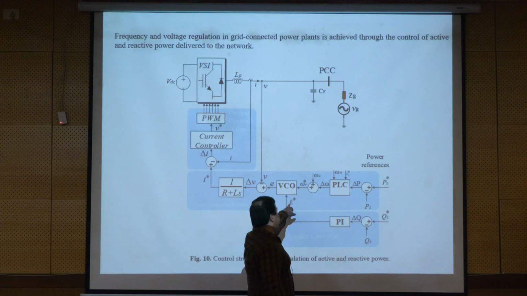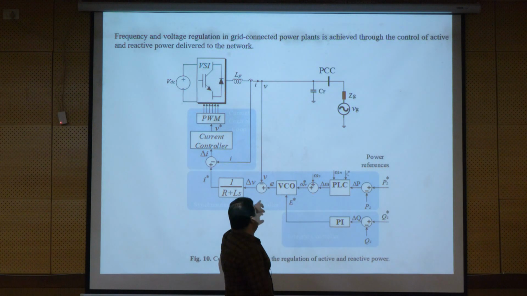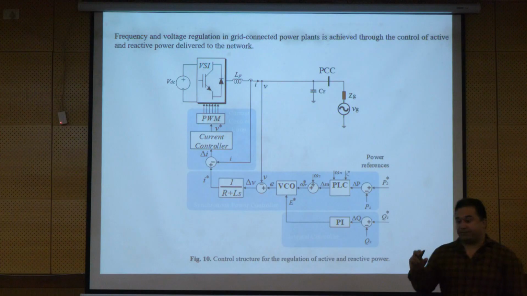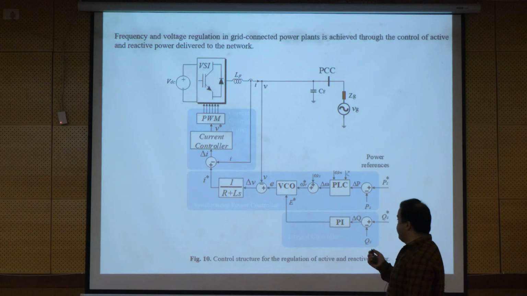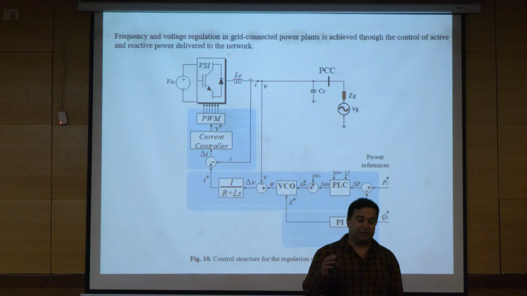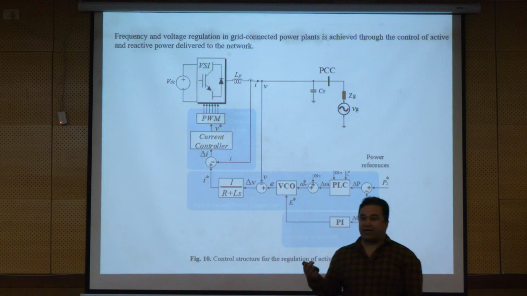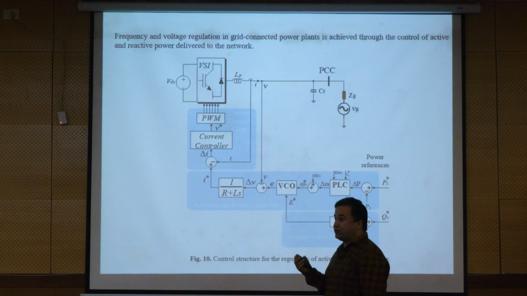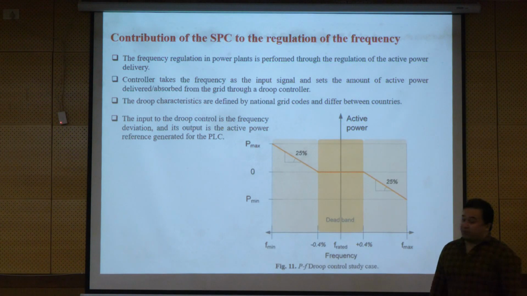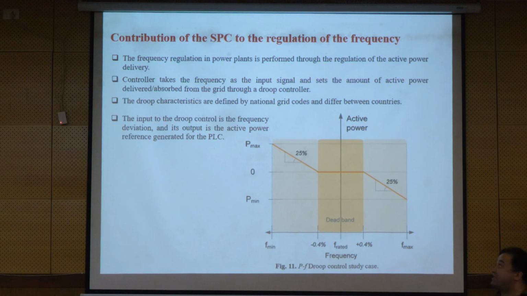So we have the voltage and frequency, and then VCO provides the voltage, like a model of the voltage in the output of the synchronous generator, and based on that we can react like a synchronous generator for the grid. So now we are going to talk about the contribution of the SPC to regulation of the frequency.